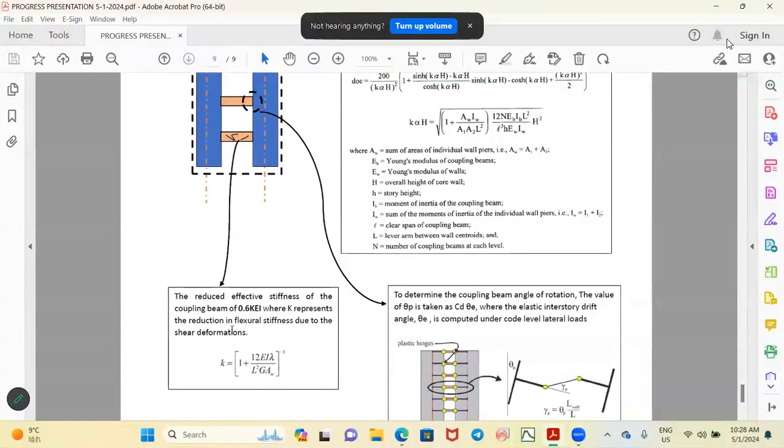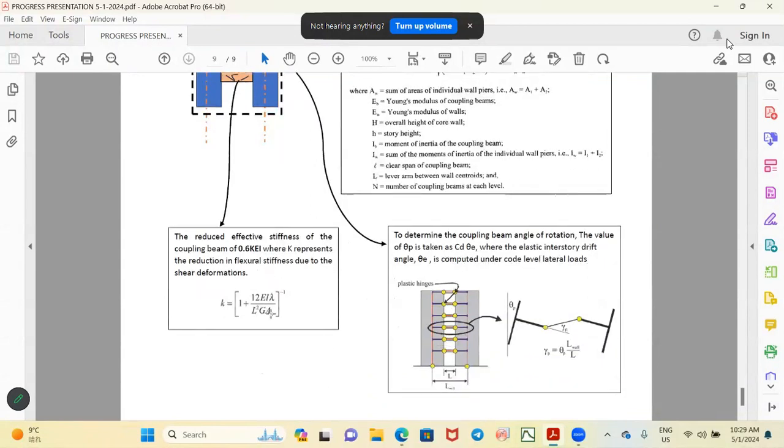I don't know if we should apply this to the nonlinear analysis or not, because I know that the nonlinear analysis also considers the degradation in the strength during the analysis. So I don't know if we should apply this for the nonlinear analysis or not.